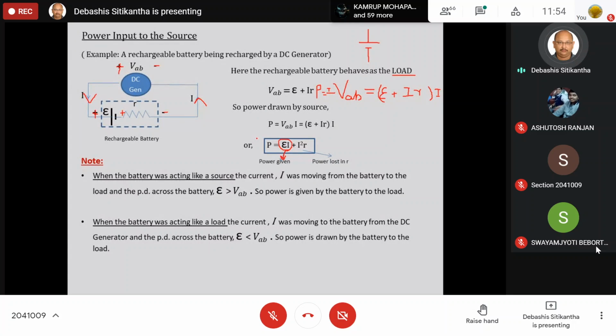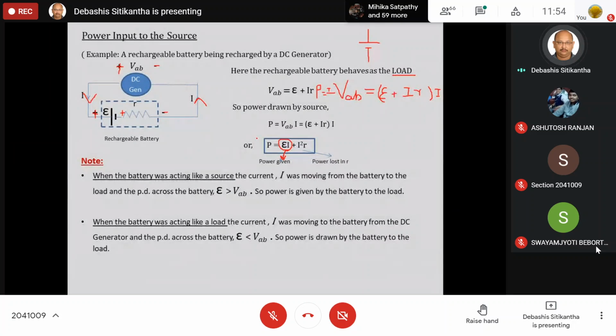Always remember that when the EMF source is behaving like a source supplying power to the load, then the current will always move from the positive terminal of the EMF source to that of the load.